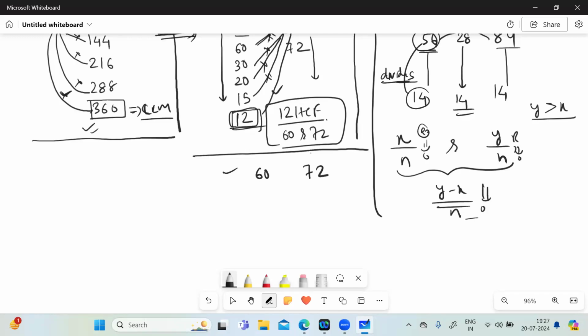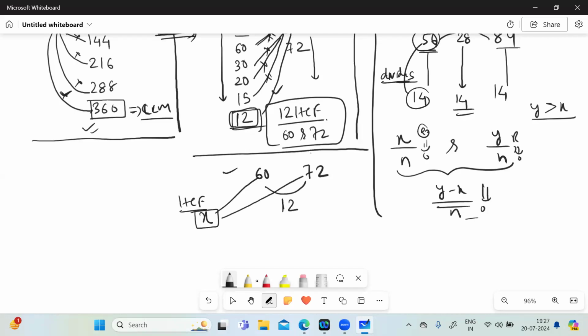Let's say a number x divides 60, and if it is the HCF, then it must divide 72 also, and then it should also divide 12. Are you getting my point?